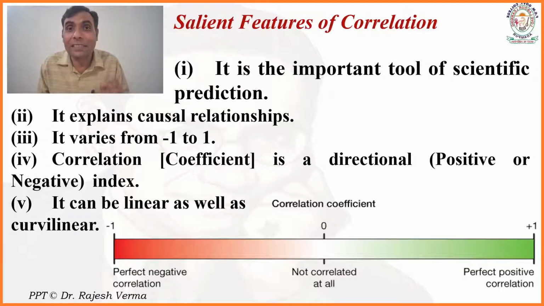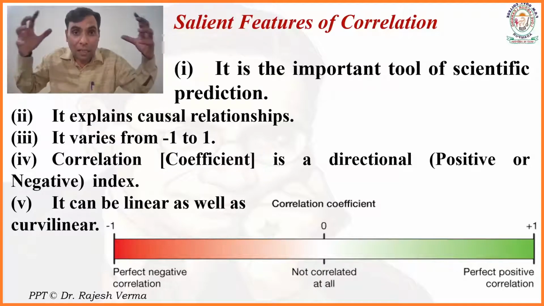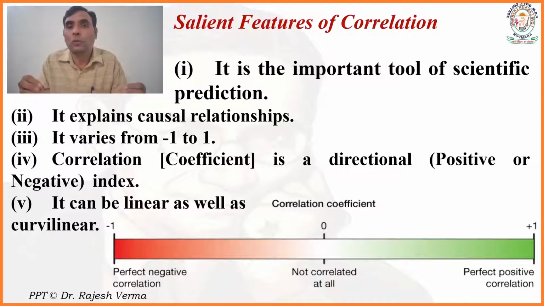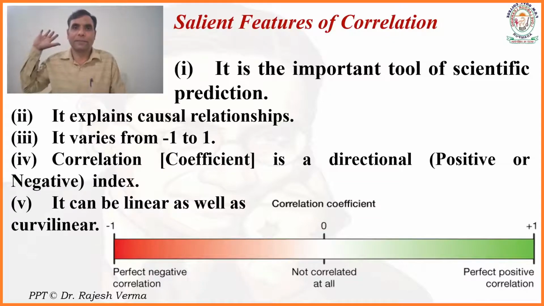Correlation explains the relationship. It doesn't answer why that relationship exists, but it explains that there is a relationship between these two variables or two data sets. Interestingly, its value varies from -1 to 1.